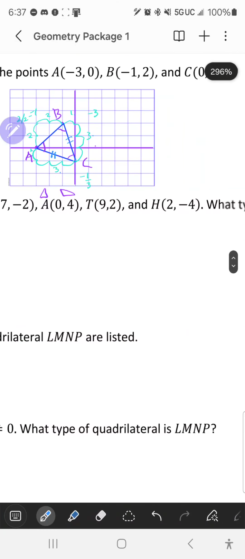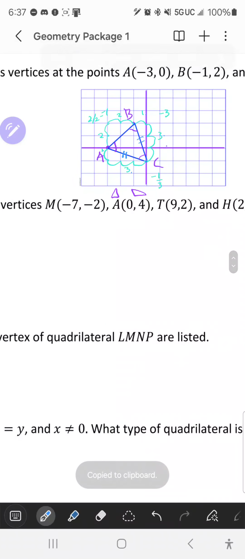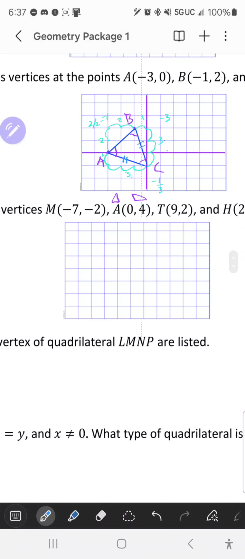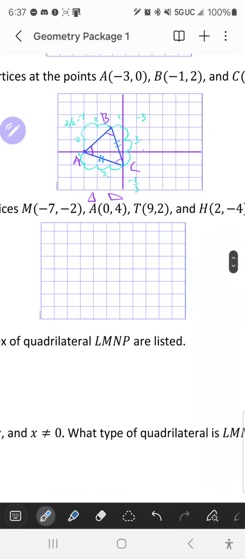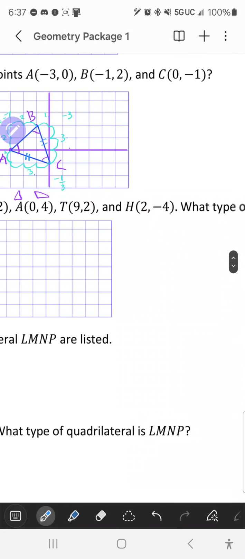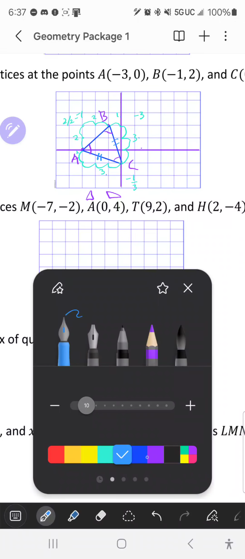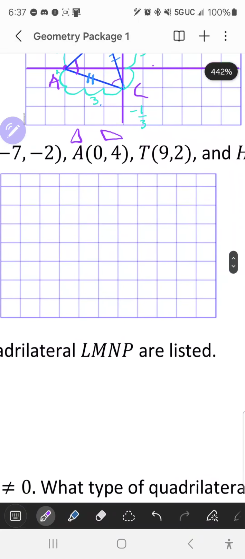Quadrilateral MATH has vertices. What is it? Let's go. I'm going to need to make it like 2 per square.